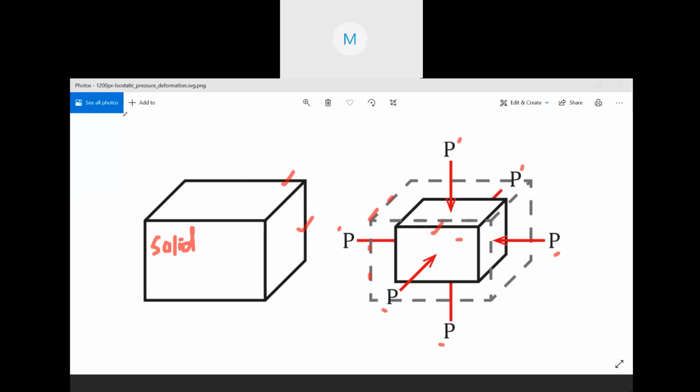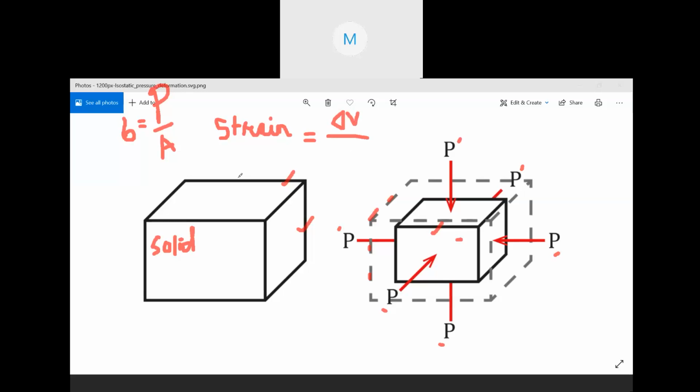Here the stress will be sigma, denoted by P by A. But the strain will be equal to del V. What is del V actually?